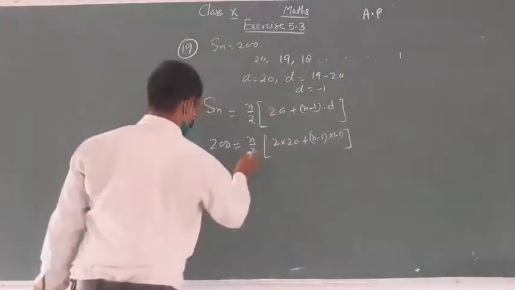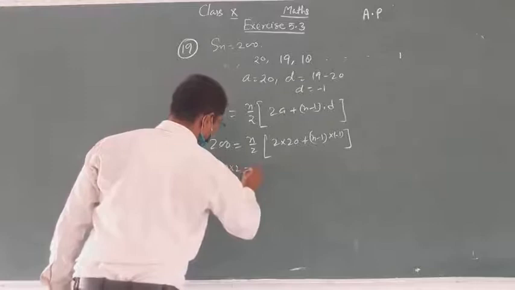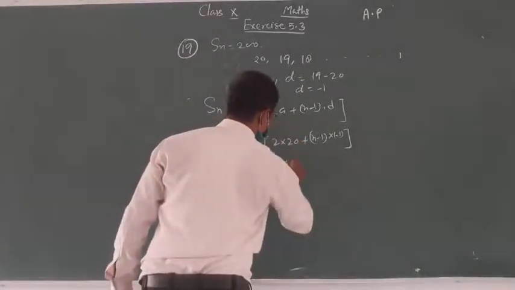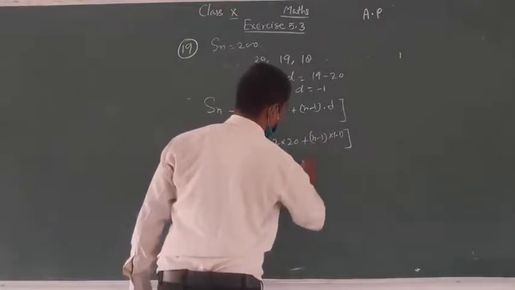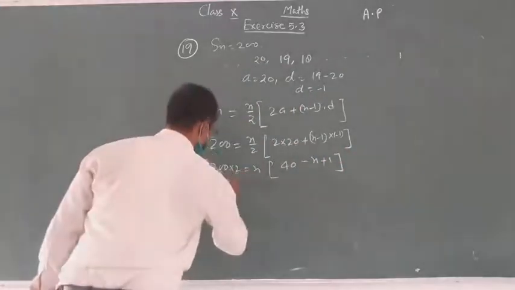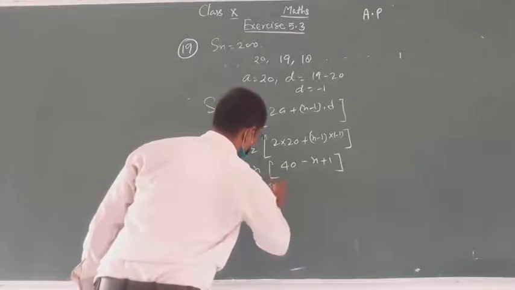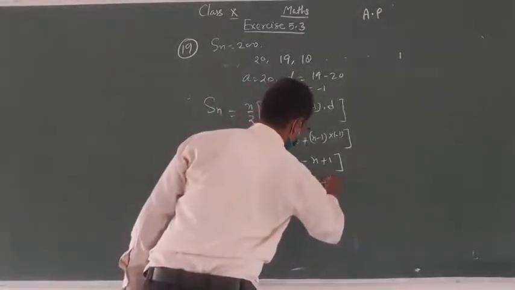So 200 into 2 is equal to n into 40 plus, multiplying this, minus n plus 1. So 400 is equal to 40n minus n square plus n.